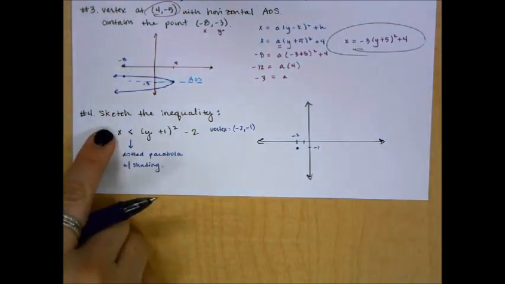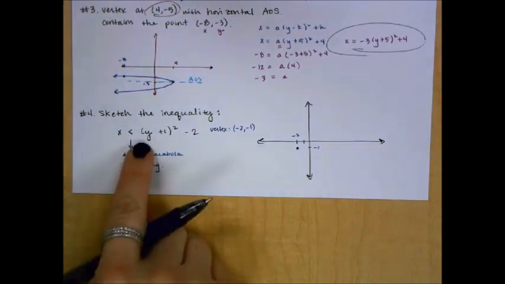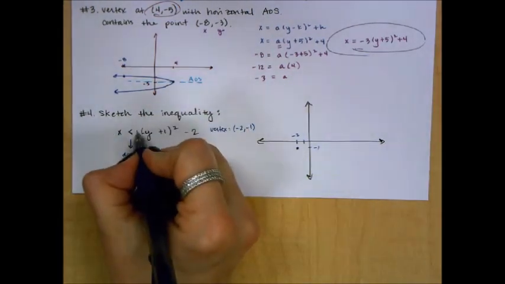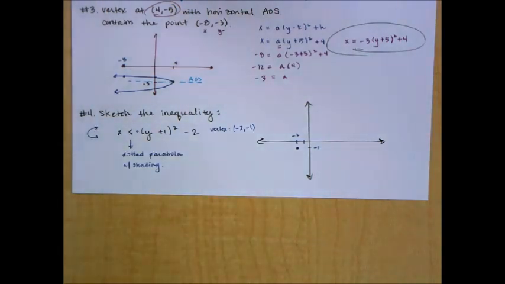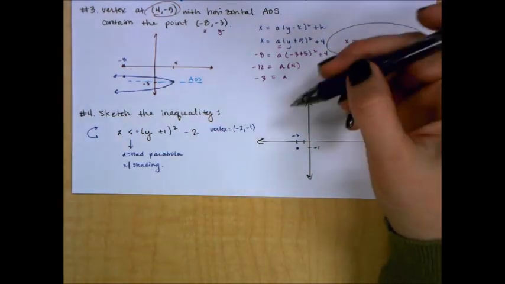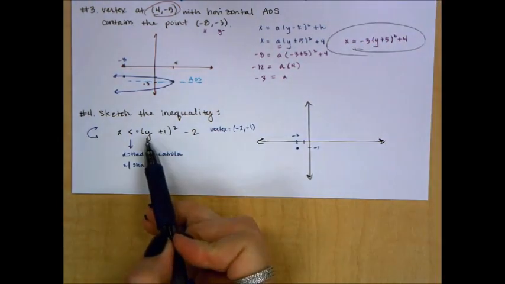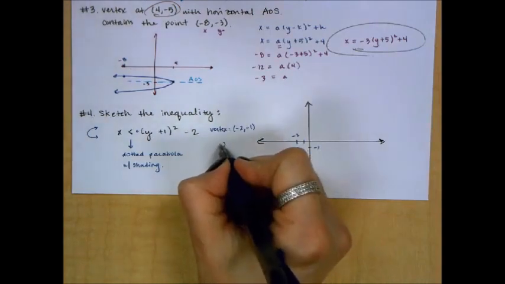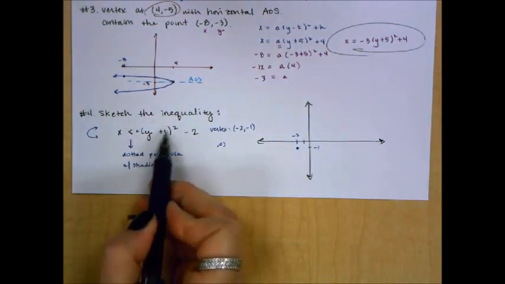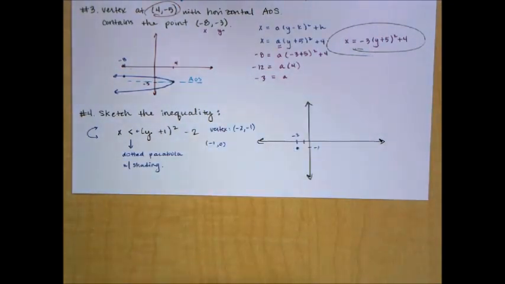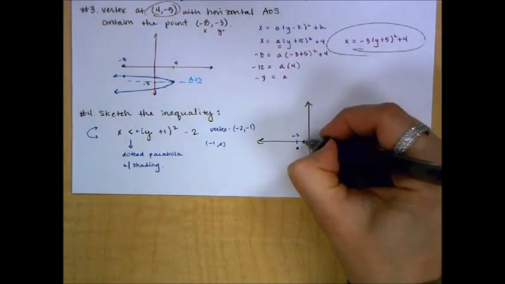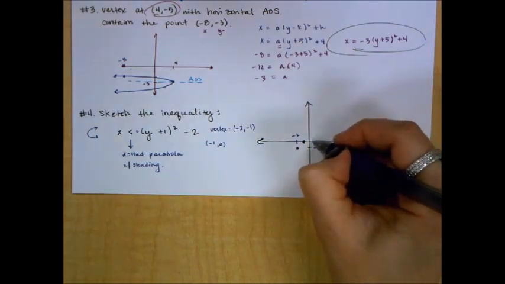And since the squared term is positive, we are opening to the right from here. So we could plug in some numbers if we wanted and find some values. For instance, if y is 0, we get 1 squared is 1, minus 2 is -1. So (-1, 0). And using symmetry, I'll get (-1, -2) as well.